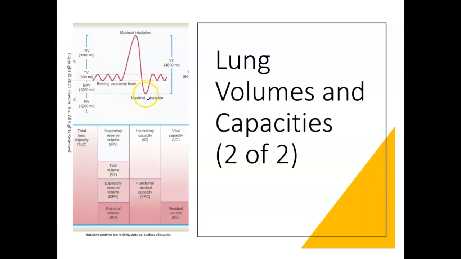Your expiratory reserve volume is the volume at maximum exhalation. Your vital capacity is everything added together, right? Maximum inhalation to maximum exhalation. All right. Your total lung capacity is all of these things added together.